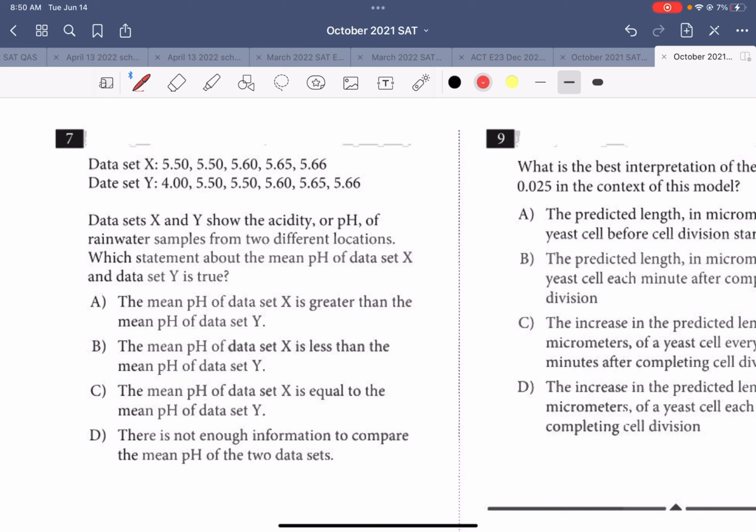Which statement about the mean pH of data set X and data set Y is true? So you find the mean of each one. Okay, for each one you find the mean. So then you can find the mean of each one, or if you look closely at the data values here.